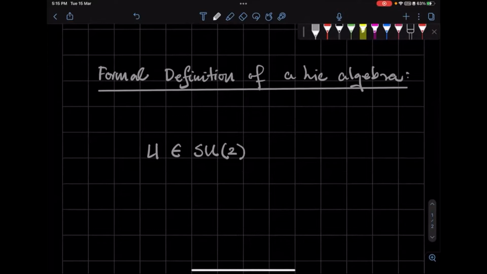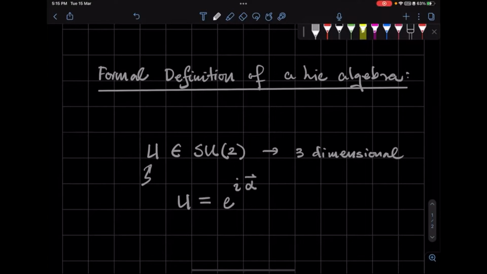And we saw that these matrices, because they're continuously connected to the identity, we can write them as some exponential of something. So exponential i, this is a physicist's choice. And because SU3 is three-dimensional, there are three independent real parameters.